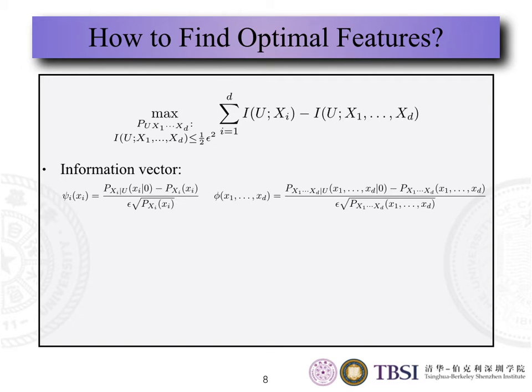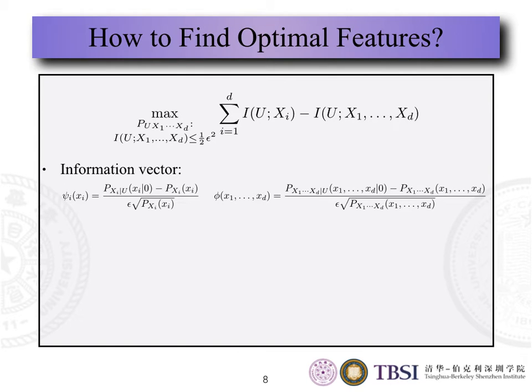First, for each conditional distribution P_Xi given U, we define the so-called information vector psi associated to this conditional distribution, whose entries are the difference between the conditional distribution and the marginal distribution P_Xi, scaled by epsilon times the square root of P_Xi. Then we can similarly define the information vector phi for the joint variables X1 to Xd.